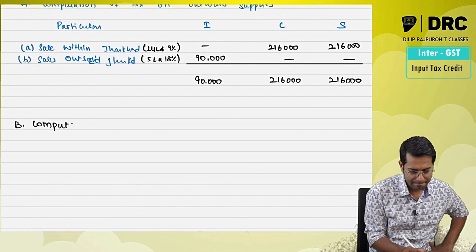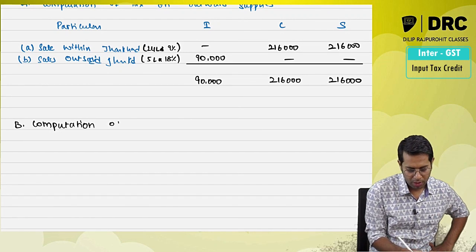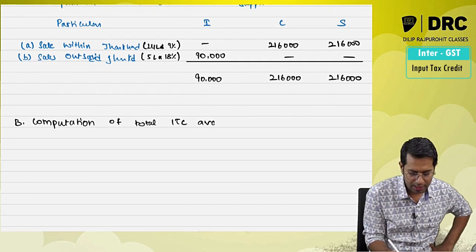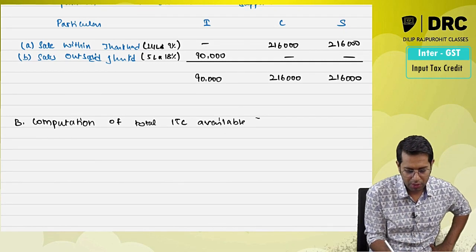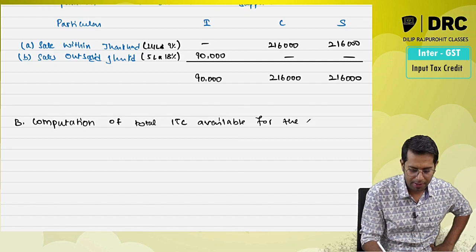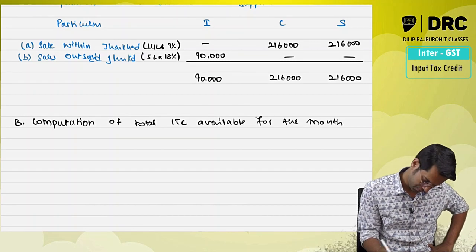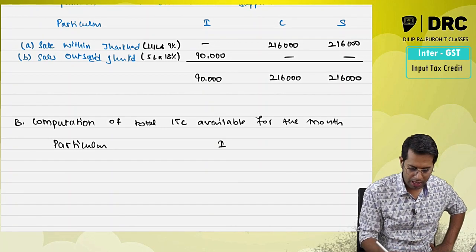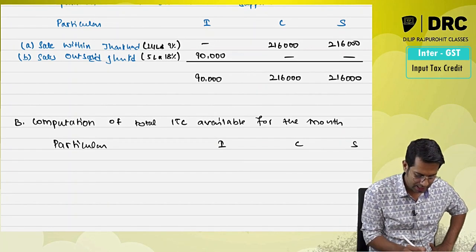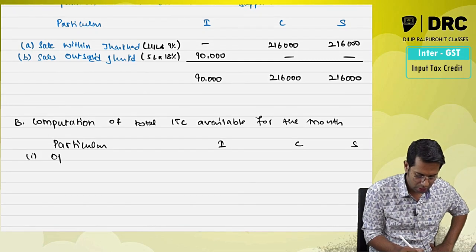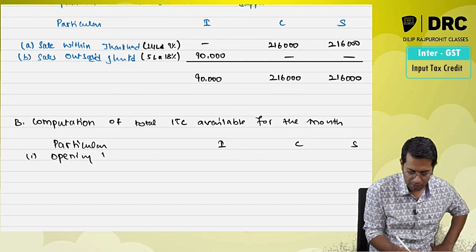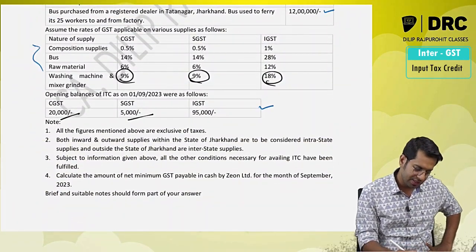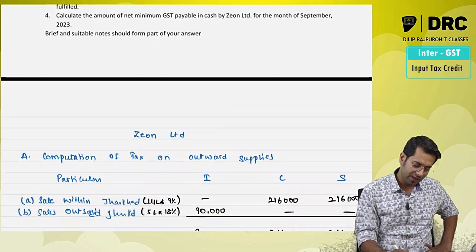Point number B, computation of total input tax credit available for the month. Particulars: IGST, CGST and SGST. First, opening input tax credit: 20,000 CGST, 5,000 SGST, 95,000 IGST.